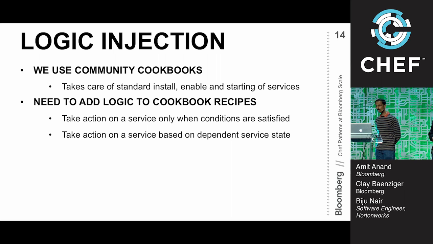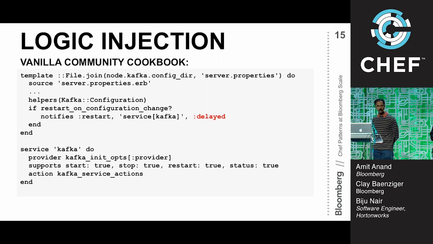A few ways we can achieve it are to create our own cookbook, or request the community cookbook owner to change the cookbook to include our logic, and neither of these options is preferred. So we came up with a simple solution. Let's look at the code.